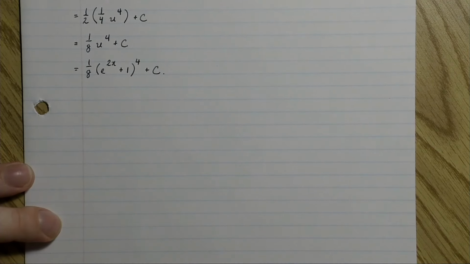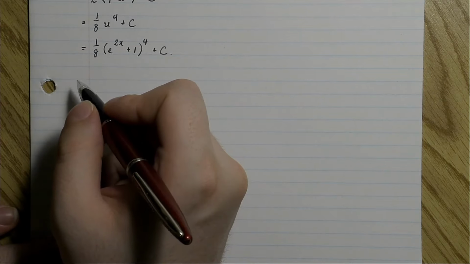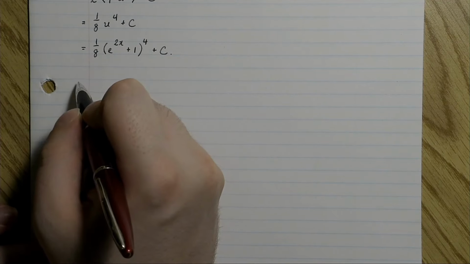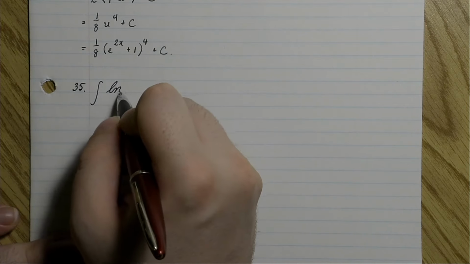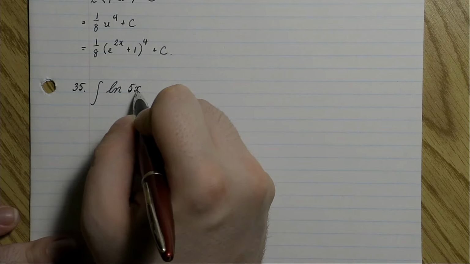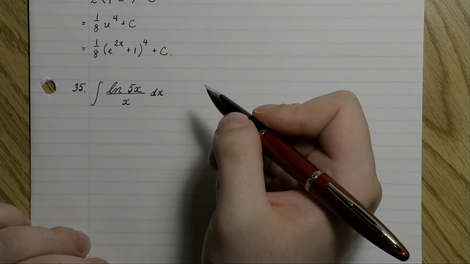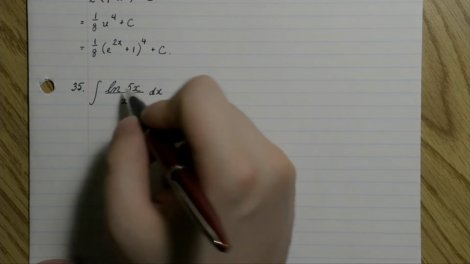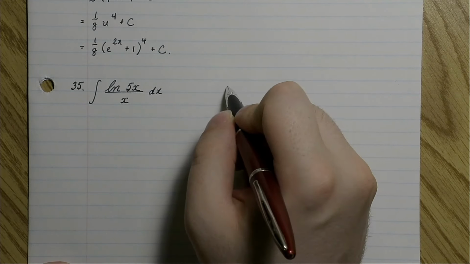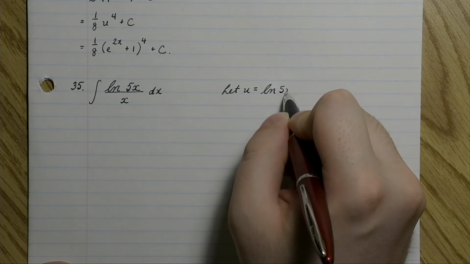Okay, so then the next one is, switch to that one, 33. So I think what I'll do is this is the more complicated part right here. So I let u equal ln of 5x.